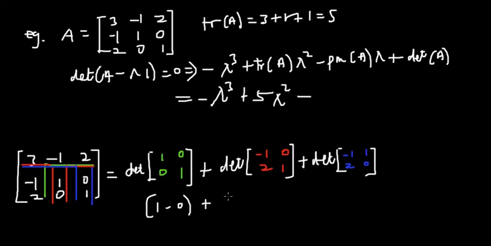Plus the determinant of this, so we have -1 multiplying 1, that's -1, minus 2 multiplying 0. So that's -1, and then you have -1 multiplying 0, that's 0, and 2 multiplying 1 gives us 2.